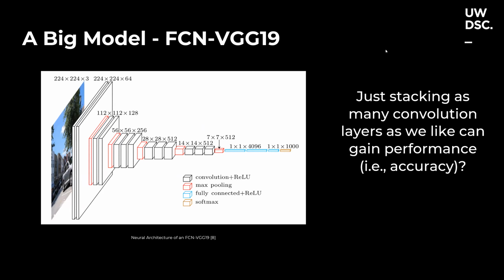And so it got me thinking: just to get better performance, do we just stack as many convolutional layers as we want?